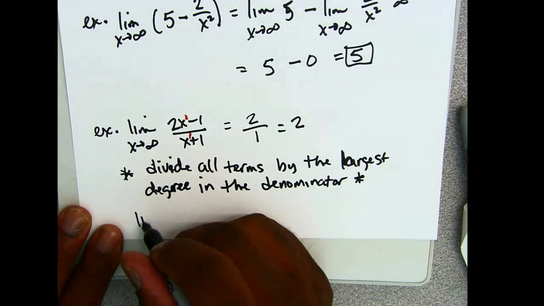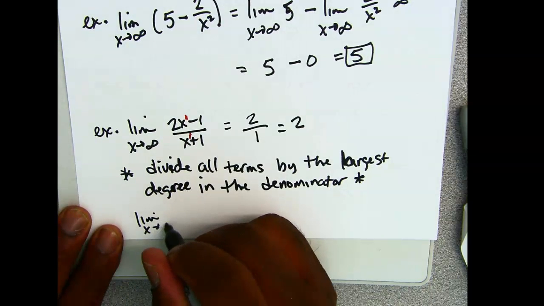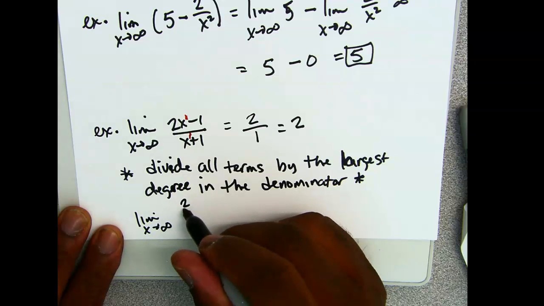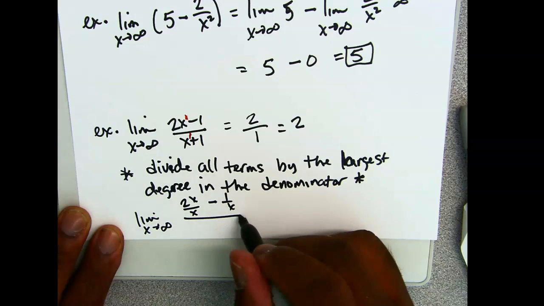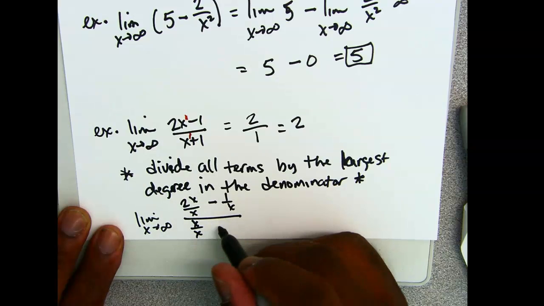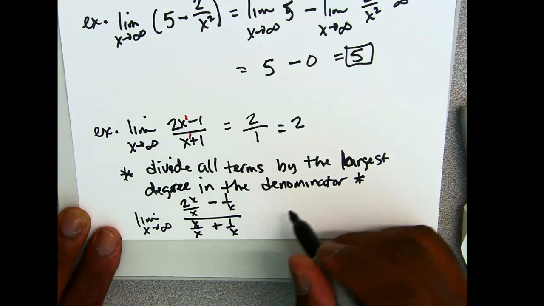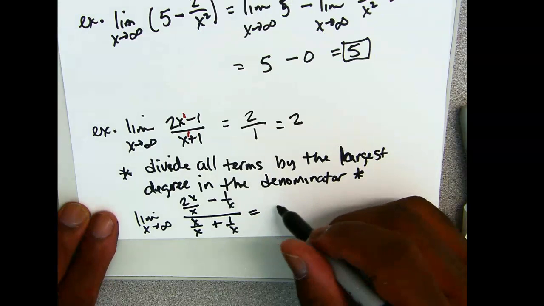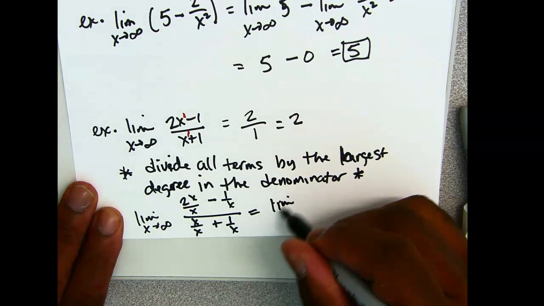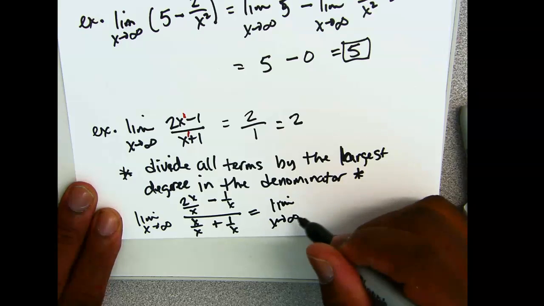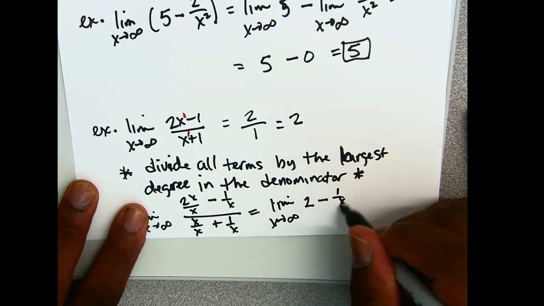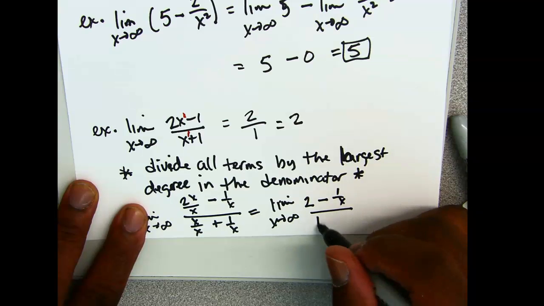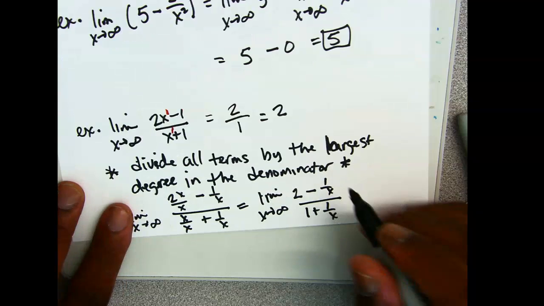So the way we would write that would be the limit as x goes to infinity. So it would be 2x over x minus 1 over x divided by x plus 1 over x. So that is the limit as x goes to infinity of 2 minus 1 over x divided by 1 plus 1 over x.